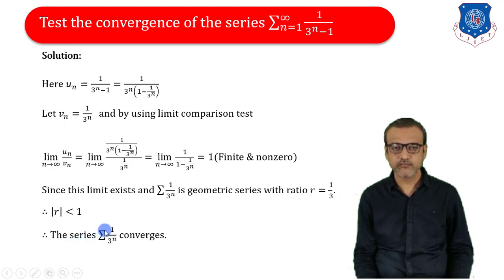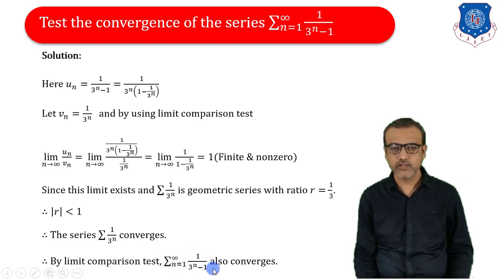Therefore the series sigma 1 upon 3 raised to n converges. Therefore by limit comparison test, sigma n from 1 to infinity 1 upon 3 raised to n minus 1 also converges.